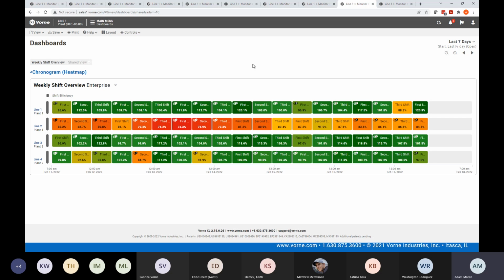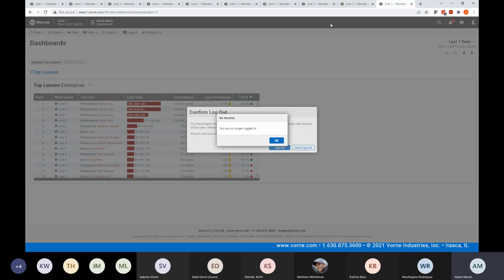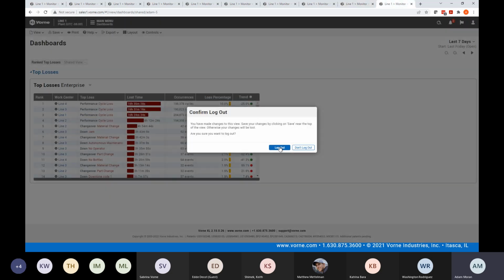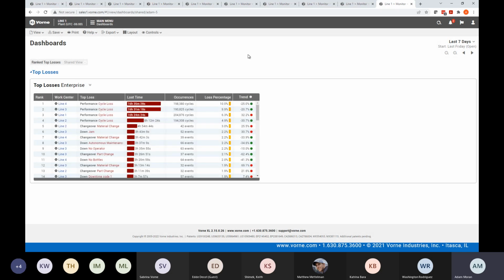So we've spent a little bit of time today going over our OEE components, availability, performance, quality, our short-term and long-term reporting. Our ultimate report is what we refer to as our top losses. Top losses uses a little bit of every one of these underlying issues to identify what's truly keeping us from achieving our goals.